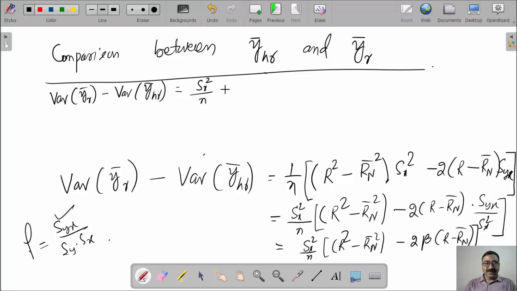The variance of y R bar minus the variance of y HR bar is equal to Sx square by n into R square minus Rn bar square minus 2 beta R plus 2 beta Rn bar.